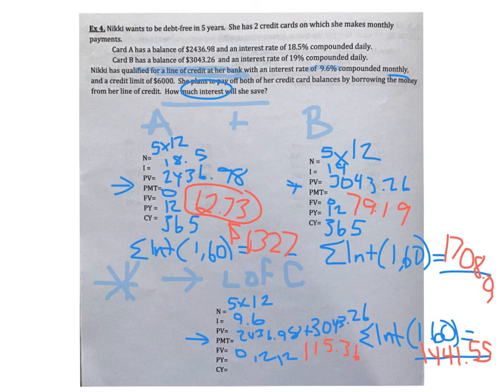So to figure out how much interest she's saving, I'm going to take the 2 individual credit cards and add those two together. So that's going to give me the amount of those two separate credit cards. And then I'm going to subtract off the interest she would have had to pay for the line of credit.